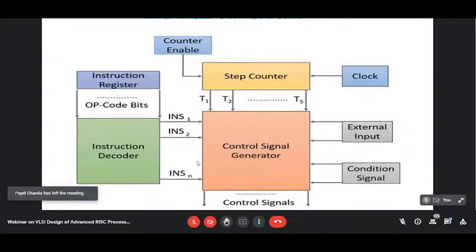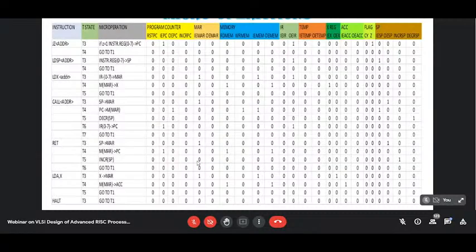So this control signal generator first gets the T states, T1, T2, T3, T4, and depending on that, the instructions, and the condition code. Condition code is required for some jump instructions and all. It will generate the control signals. So the block diagram is very simple. Within the block diagram, some logic gates will be there. How to get these Boolean expressions? From this table.